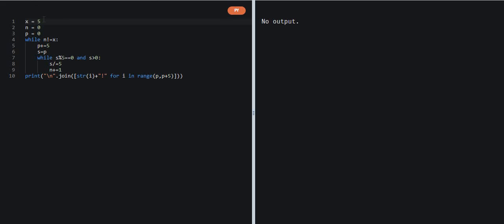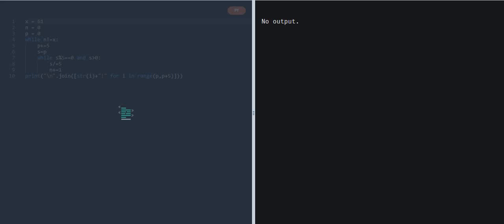And it is giving no output. Now if we take 61, I have calculated that 61 will be skipped in such a case. You can also try to find out, but that will be a very long process.